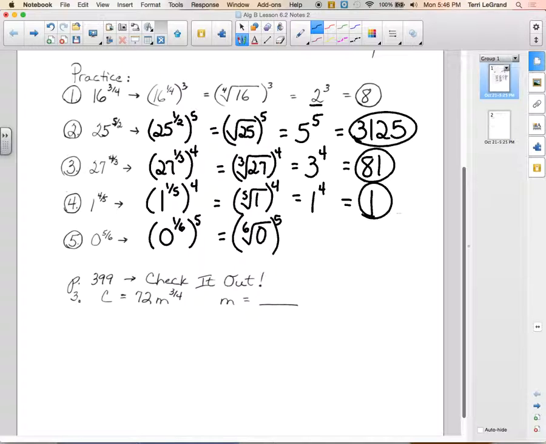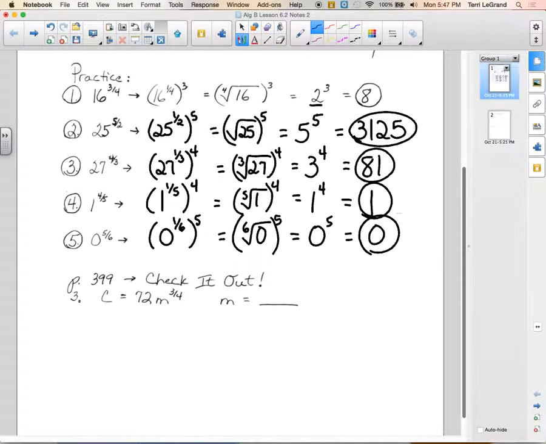The only way to get 0 when you're multiplying is to multiply by 0. So the 6th root of 0 is 0 itself, and that has to be raised to the 5th power. Well, you keep multiplying 0 times itself, you're going to get 0.